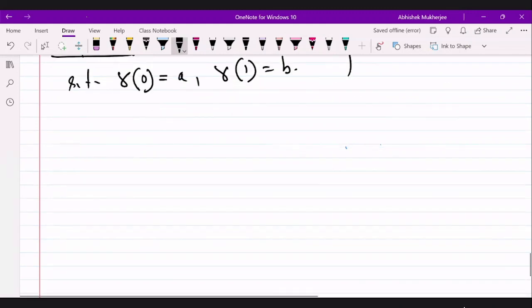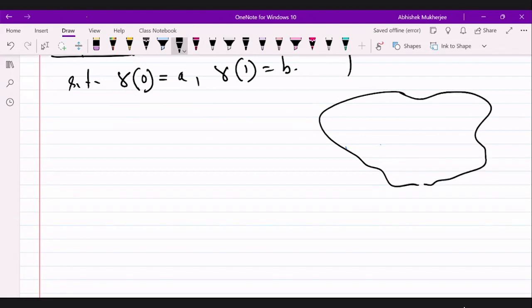Okay, great. So now let us take two paths. So this is your X. Suppose this is your A and this is your B, and this is your gamma, and this is your sigma.